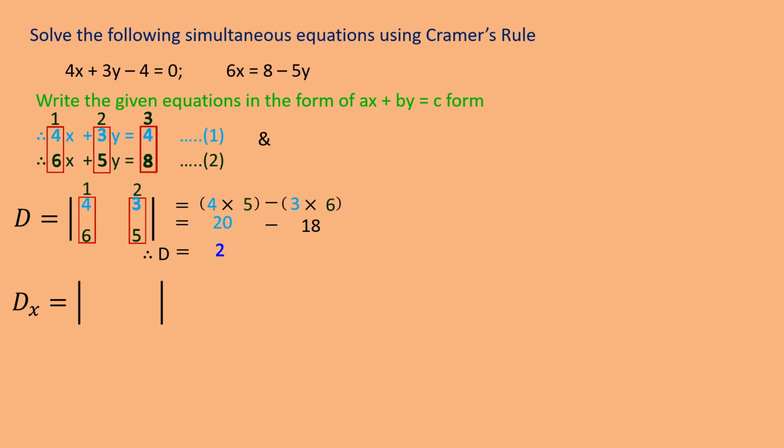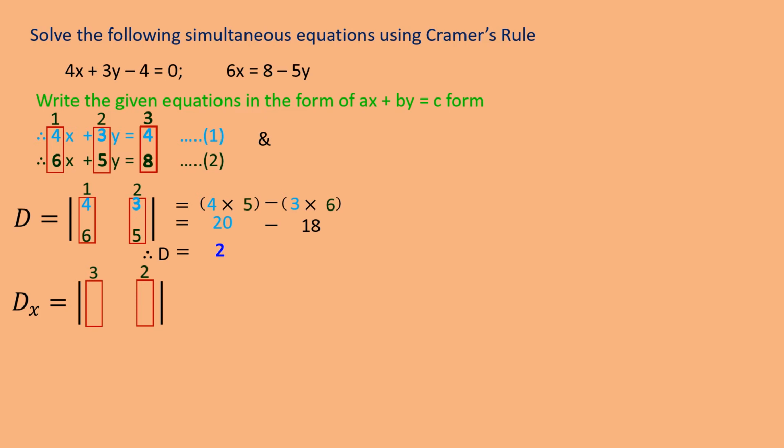Let us go for dx. For dx, the determinant of x, we will again have two columns. The first column will be the third one, and the second column will be the second one. You can remember it as 32. dx is 32.